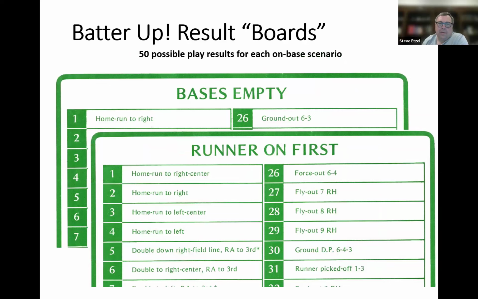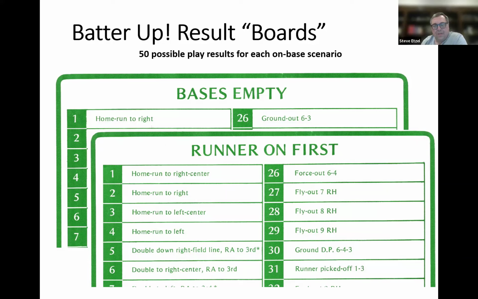So just like APA, there are 8 result boards, if you will, for each of the 8 on-base situations. And I've shown parts of 2 of them here. And so, if the bases are empty, you use one chart. If there's a runner on first, you use the next chart.